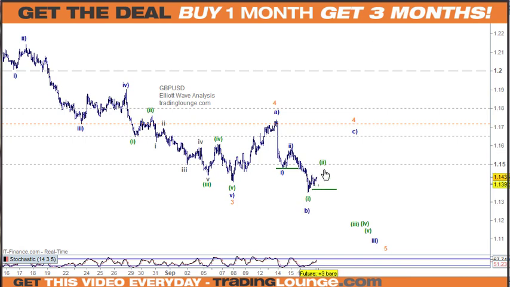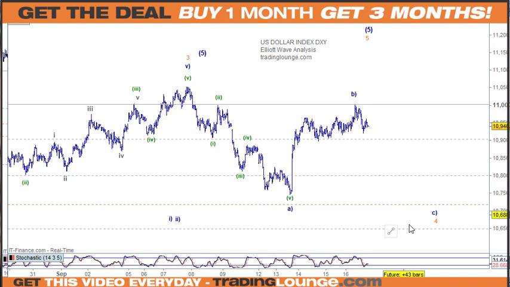So I'll just keep an eye on that. But what about, because this counted as 5 waves here, and so I'm thinking, well, could it be an A wave here, then an ABC for the B wave, and then 5 waves up for the C wave here, and then go down into wave 5. So they're still having that wave 4 there, which in turn would make the US dollar index as wave 4 here, right?